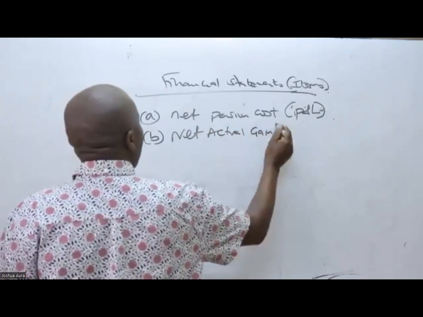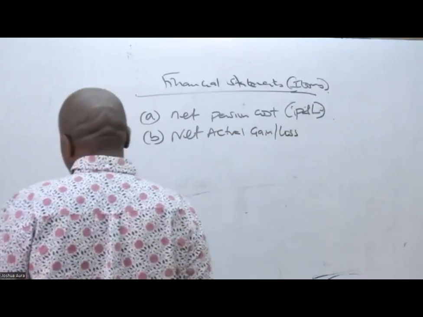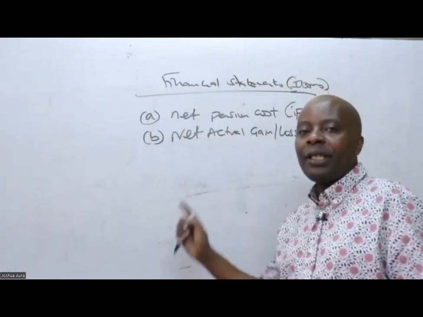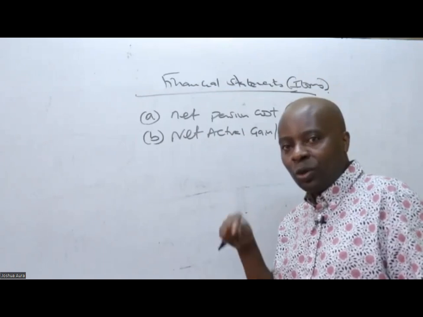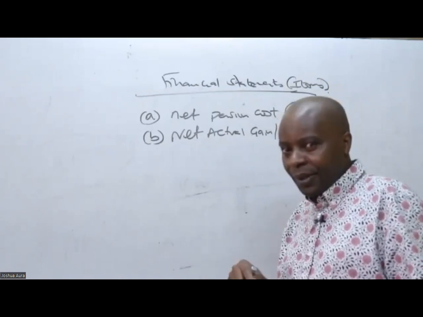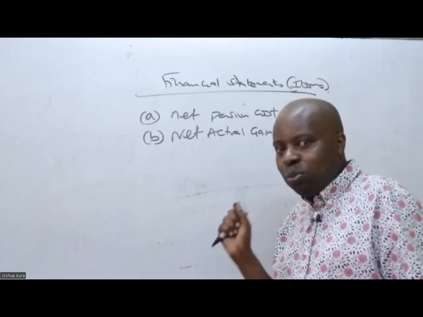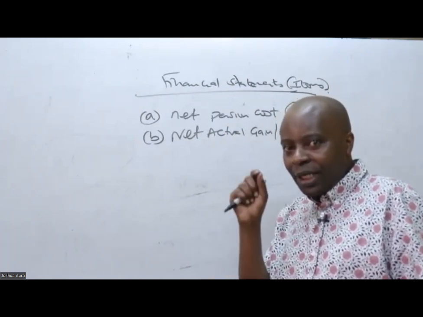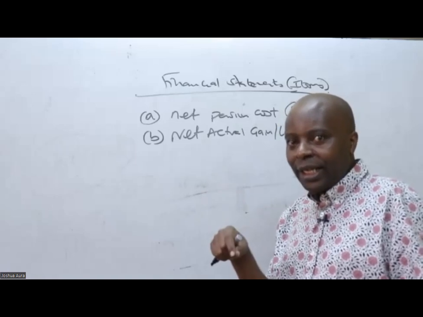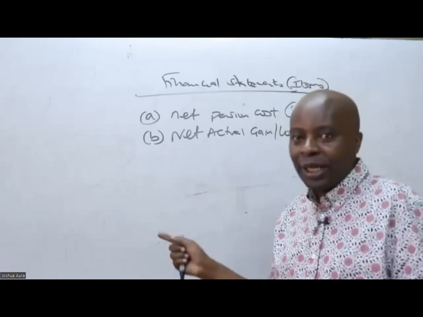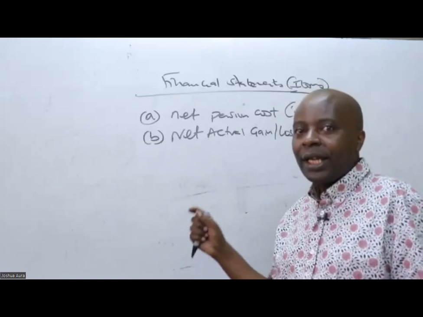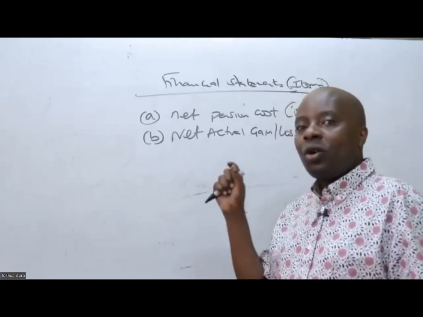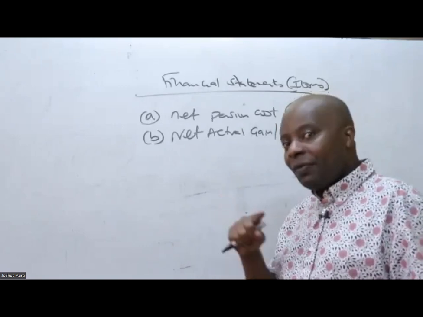And then number 2, I will need what we call the net actuarial gain or somebody loss. So this net actuarial gain or loss, remember this money is now not supposed to be booked into the P&L. If it's a gain and you book it to the P&L, it would mean that at the end of the day, that gain will be distributed to the pensioners, or rather, if I explain it in terms of ordinary shares, it means that this gain will be distributed to ordinary shareholders as dividends.